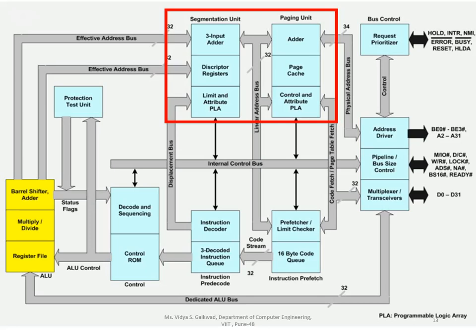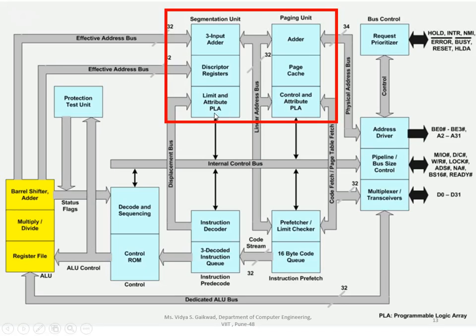So every segment has a segment descriptor, right? So depending on the descriptor, we'll come to know which segment we are using, right? And the limit and attribute PLA, right? So the limit field will indicate the limit of that segment, and here the attributes are used to identify what type of segment it is, right?